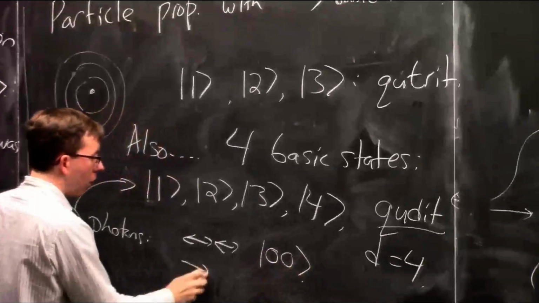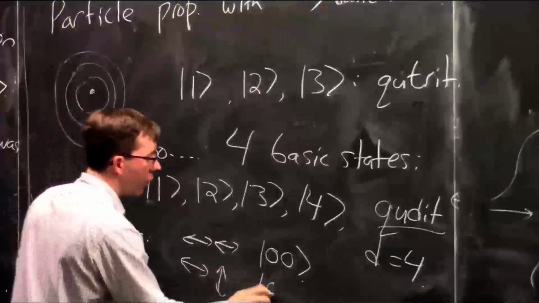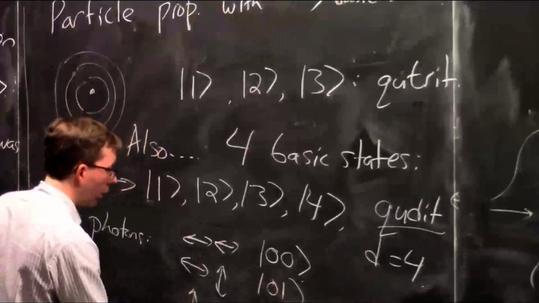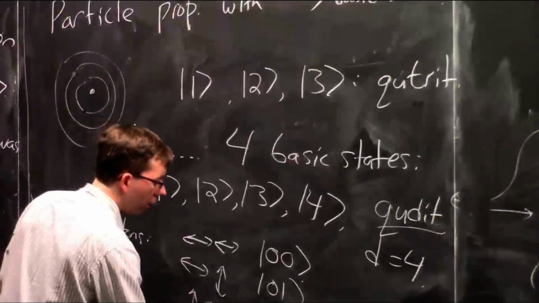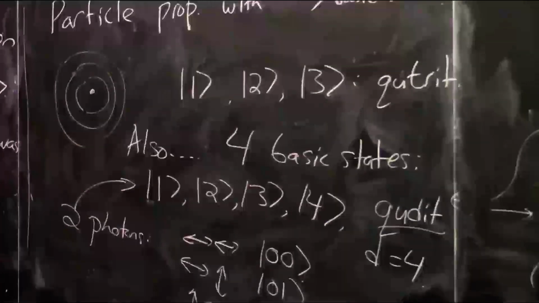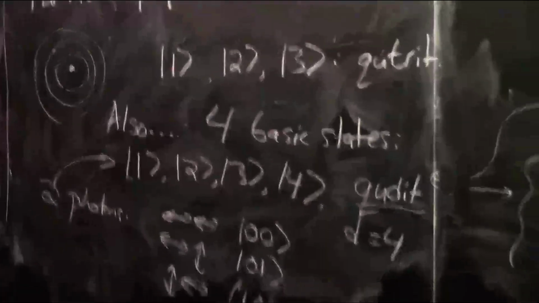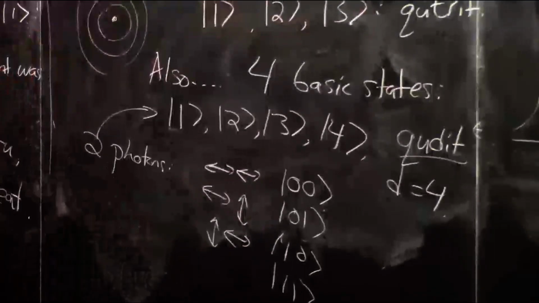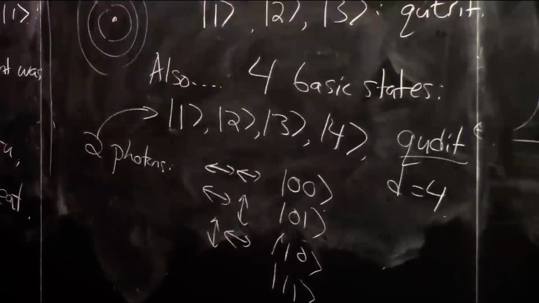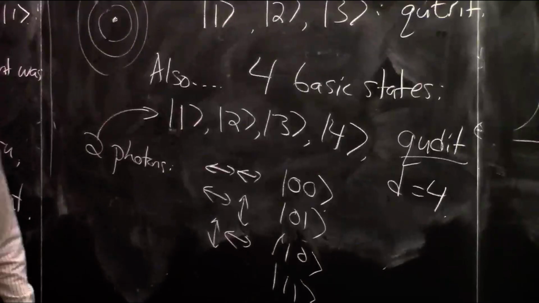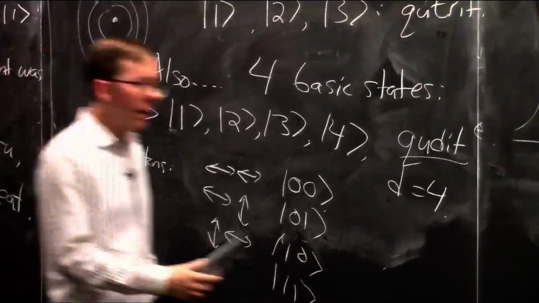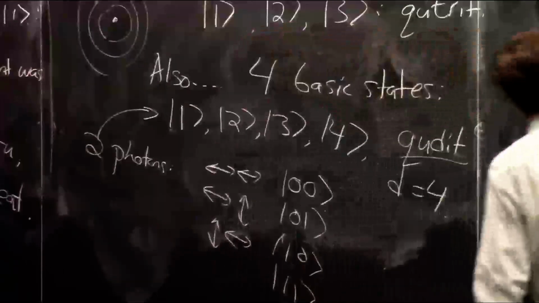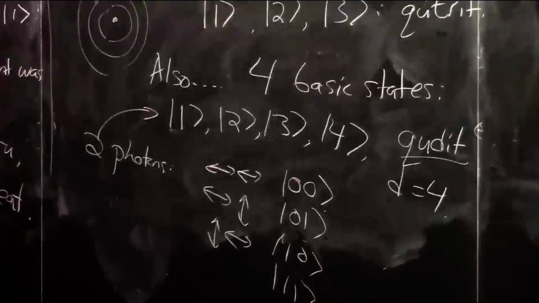If they're horizontal and vertical, it's called 0,1. Okay, 1,0, and 1,1 if they're both vertical. Or you could call these 4 possibilities 1, 2, 3, 4. It's fine. I bring this up because sometimes we'll talk about higher-level systems, not just qubits. We'll mainly talk about qubits, but it's good to know that qudits also exist.